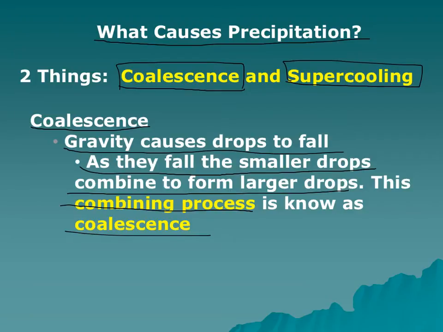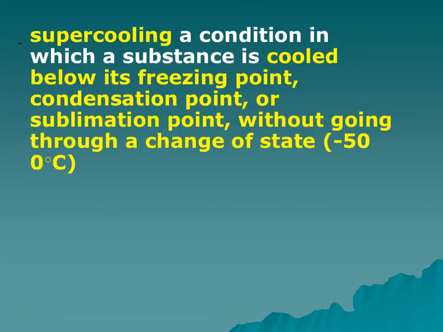Okay. Second thing that causes precipitation is supercooling. And that is where a substance is cooled below the freezing point, or the condensation point, or sublimation. It's cooled below the point when a phase change would happen without going through a change of state. So it gets cooled below freezing, or cooled below condensation.